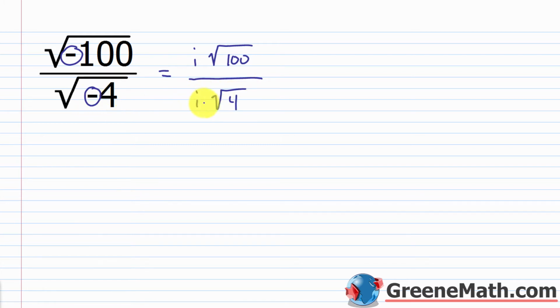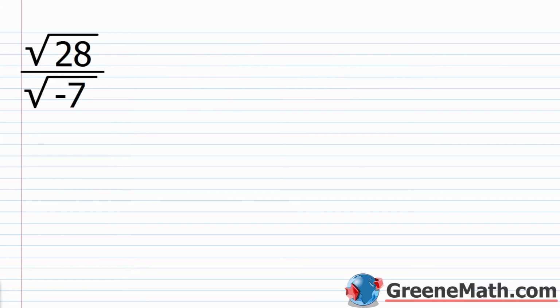So at this point, you do have i over i. Same thing over itself. It's still going to cancel. So then you have the square root of 100, which is 10, over the square root of 4, which is 2. Then 10 over 2 is going to give you 5.